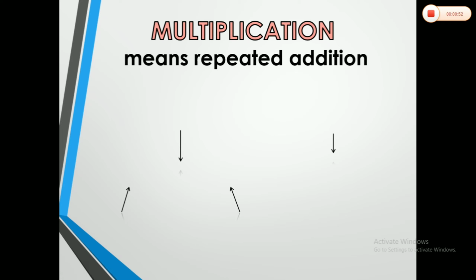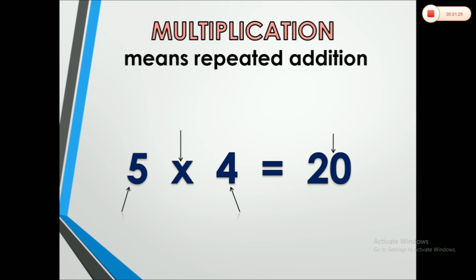When we say repeated addition, it means like 3 plus 3 plus 3 plus 3. So there are 4 3's, so it is equivalent of 3 times 4. Let's have an example. So we have here 5 times 4 equals 20, parts of multiplication.